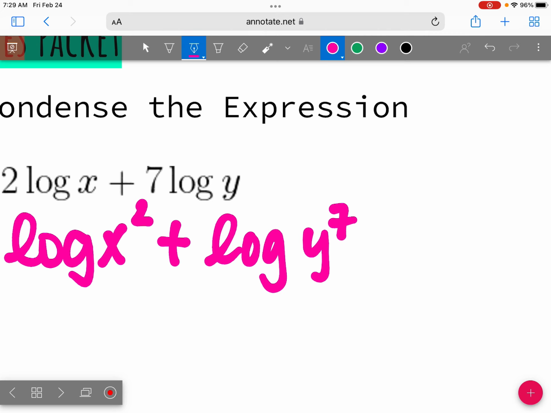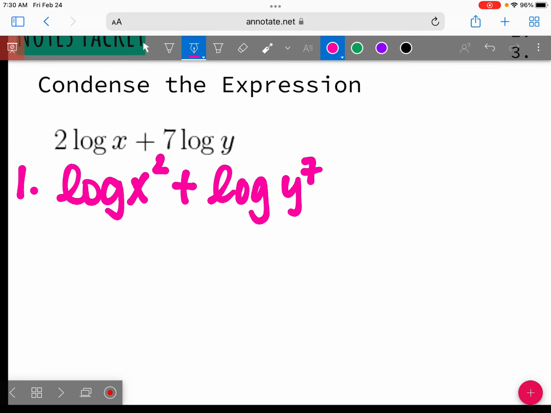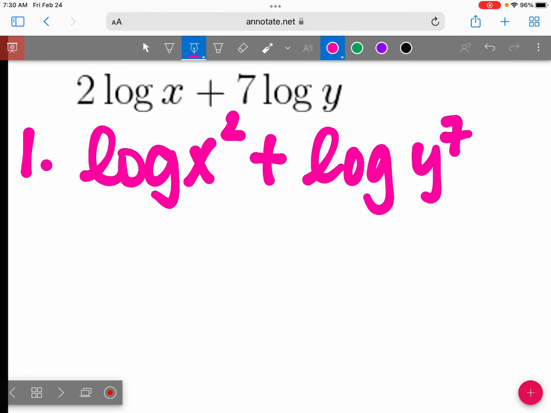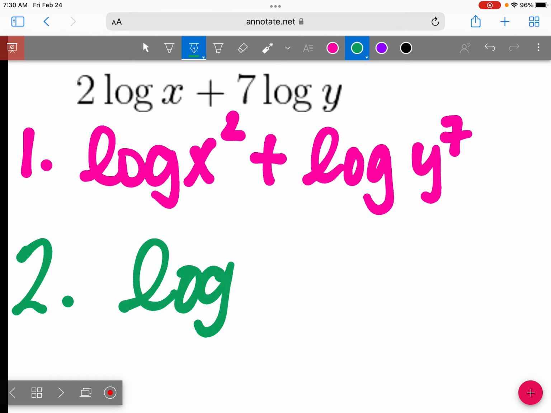And then our second step for this, addition becomes multiplication. So what do we end up with? So don't forget, remember yesterday when we expanded, we brought a log to every piece. This time, when we bring it back, we drop all extra logs. So we only want one log at this point.